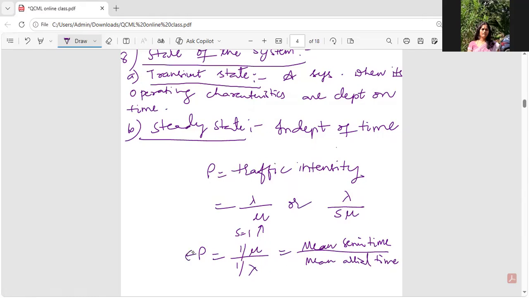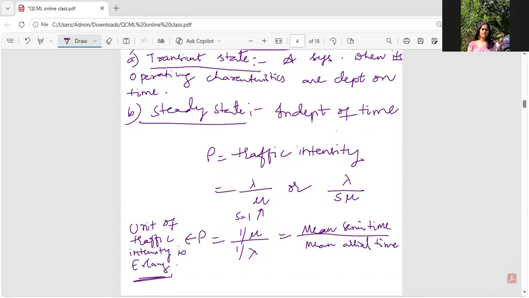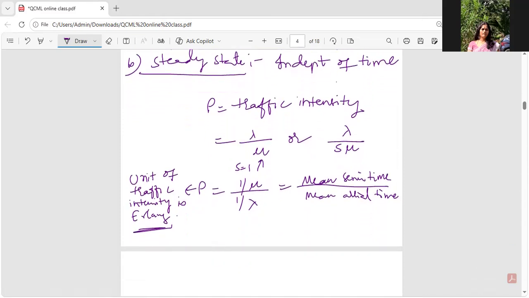As I have told you, Erlangian comes into picture because the unit of traffic intensity is assumed to be Erlang. There are some 1 or 2 important points regarding this traffic intensity.